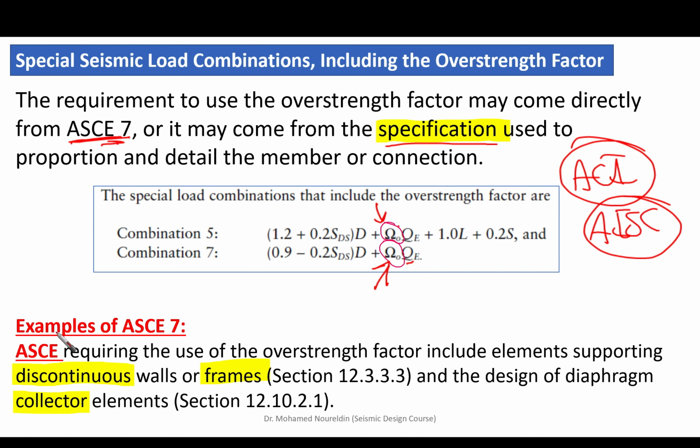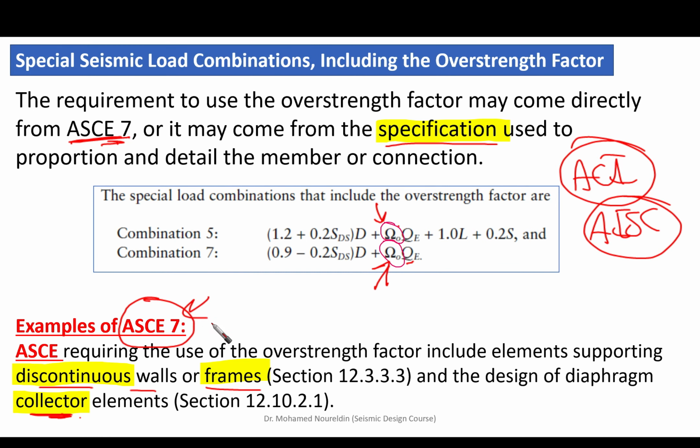For example, ASCE requires that the use of the overstrength factor include elements supporting discontinuous walls or frames, and the design of diaphragm collectors. So as we said, elements like columns that are supporting discontinuous walls or frames, and the diaphragm collectors, are very important in ASCE and they give them special care.